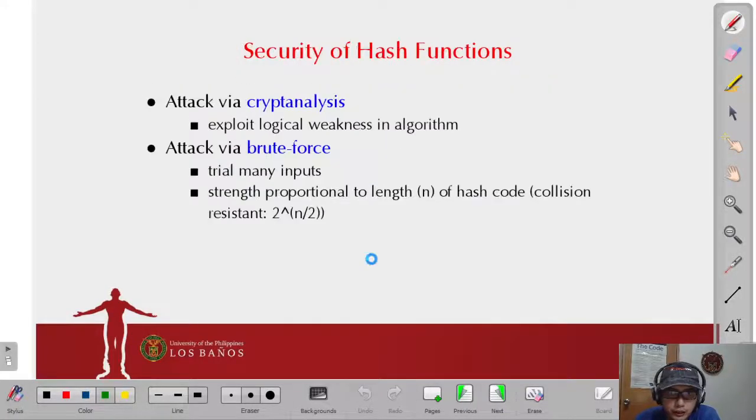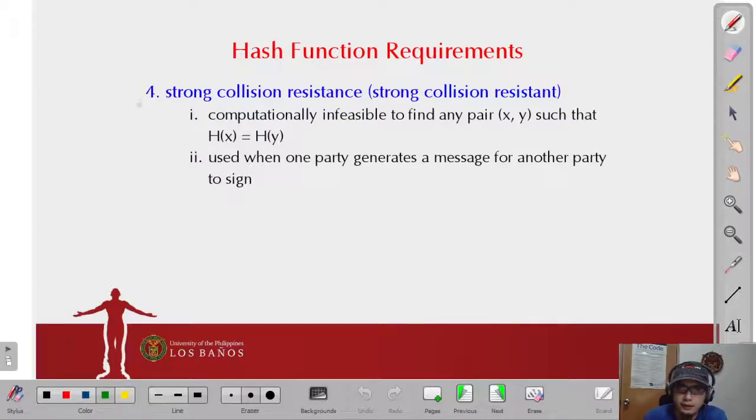And the last one is the sixth requirement: strong collision resistance. It should be computationally infeasible to find a pair x and y such that the hash of x is equal to the hash of y.